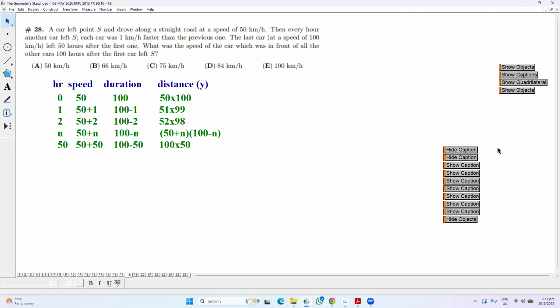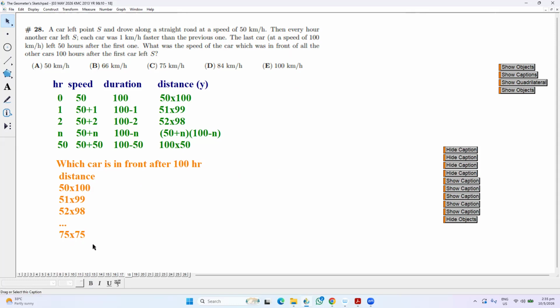But it says you want to show calculation, which car is in front after 100 hours. You look at the distance. The distance is always the product of two numbers whose sum is 150.